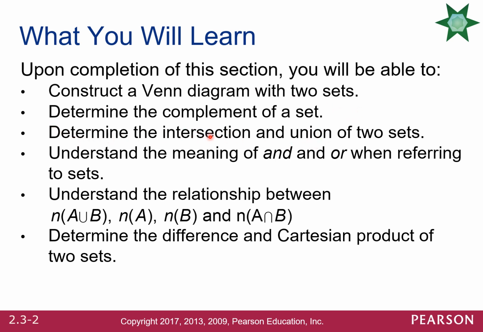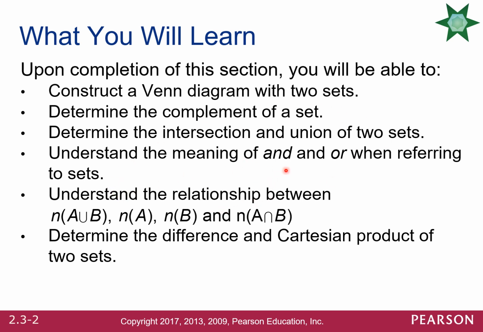So these are also two important words used in relation to set theory. So we will understand what they mean exactly, understand the meaning of and or. So these two italicized words and or are also two words related with reference to sets.